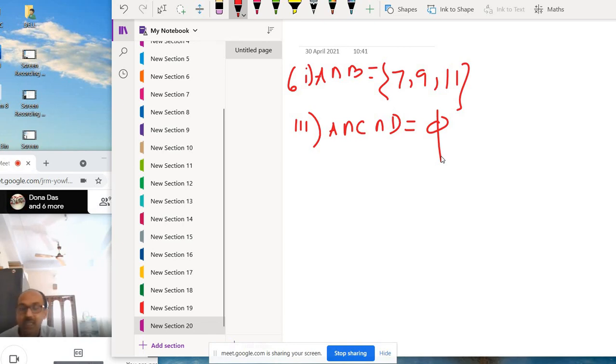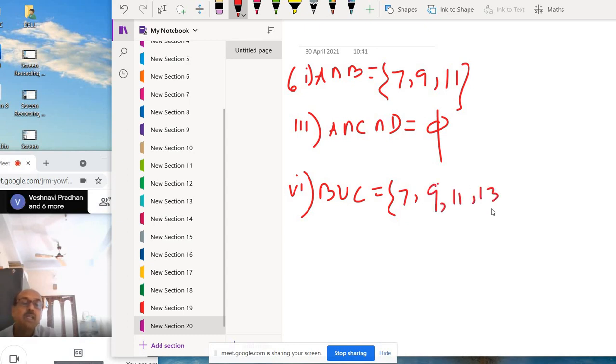Now look at question number 6: A intersection B union C. First you find B union C. B and C joined together is 7, 9, 11, 13, 15. This is B union C.